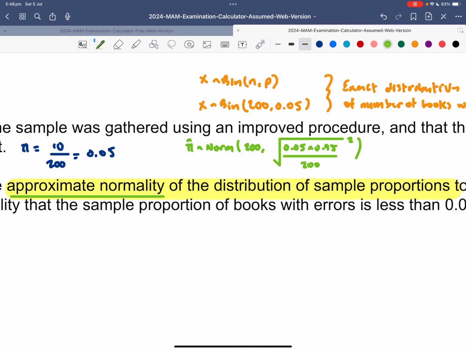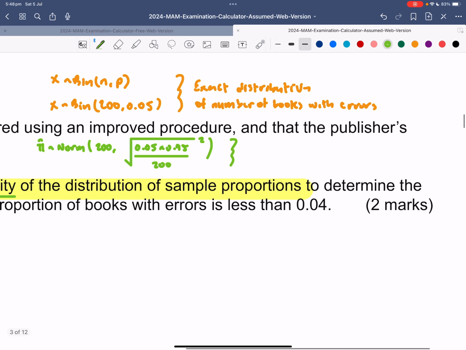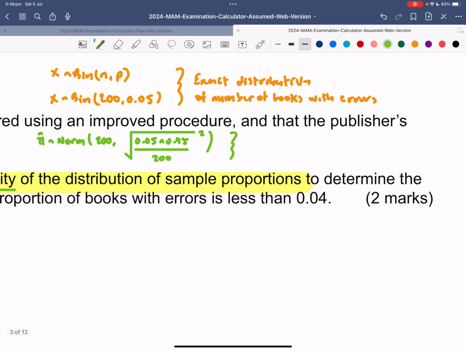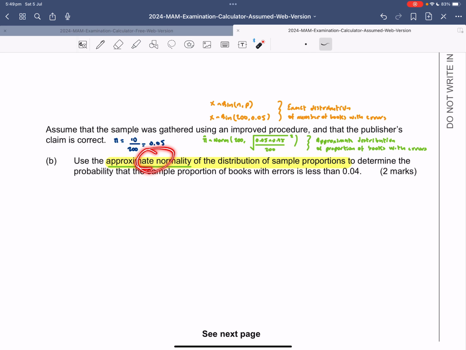And this, guys, gives you the approximate distribution according to central limit theorem. It gives you the approximate distribution of the proportion of books with errors, specifically the sample proportion of books with errors, but same thing. Cool. So that's why I like the phrase approximate normality.